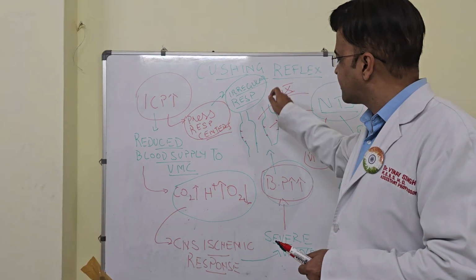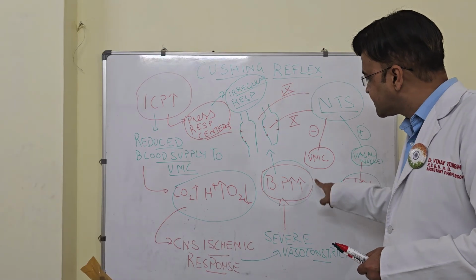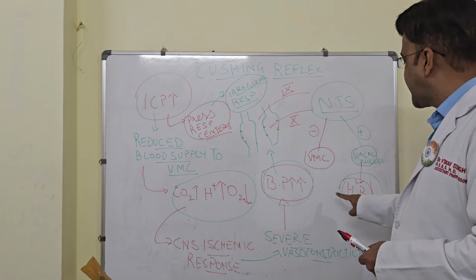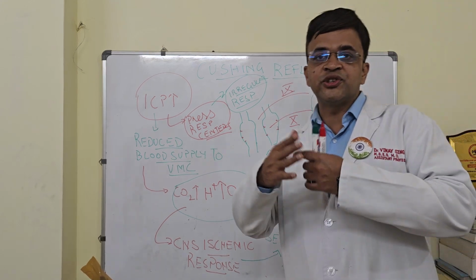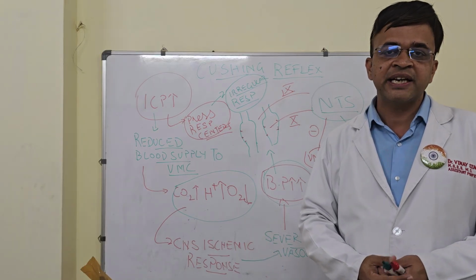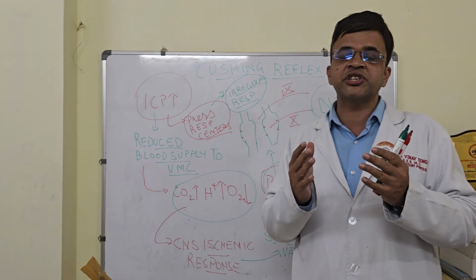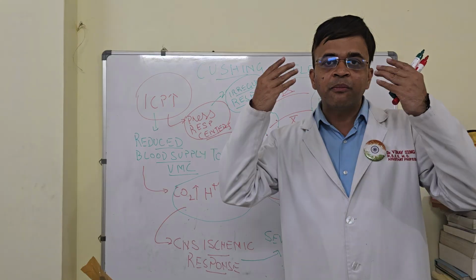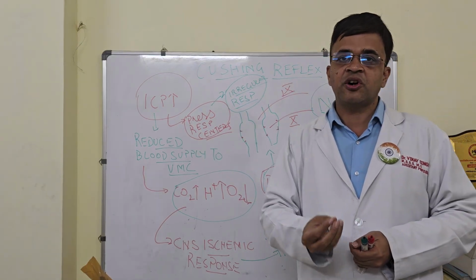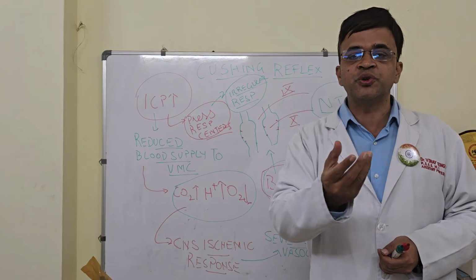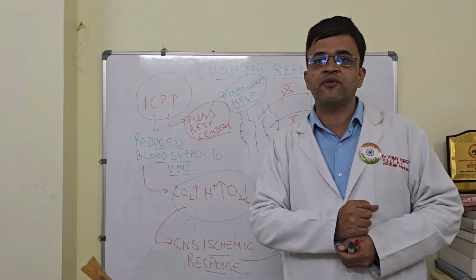It is irregular respiration, increase in blood pressure, and bradycardia. If someone asks, tell me the whole sequence of Cushing reflex, you will say increase in intracranial pressure. This will reduce the blood flow to the vasomotor center, leading to accumulation of H plus ion and CO2 and reduced blood supply of oxygen.